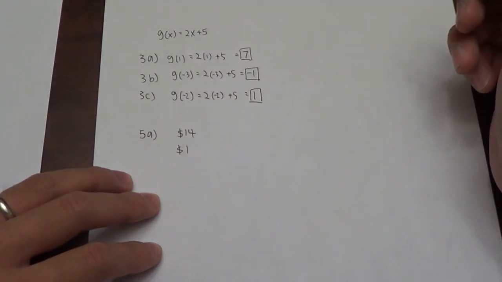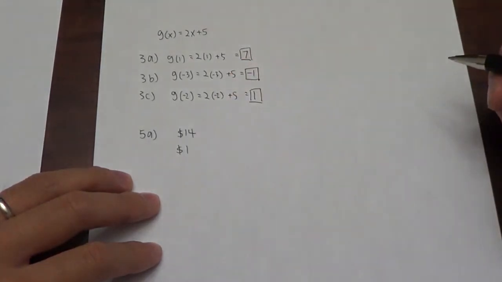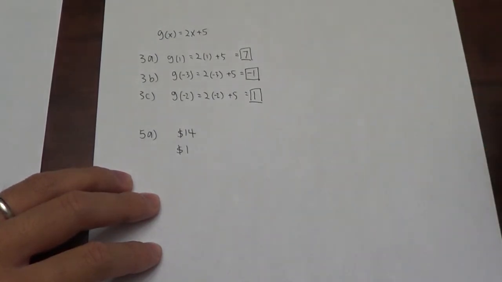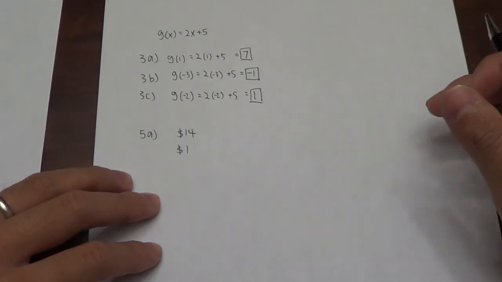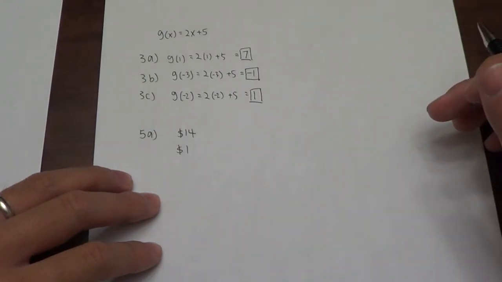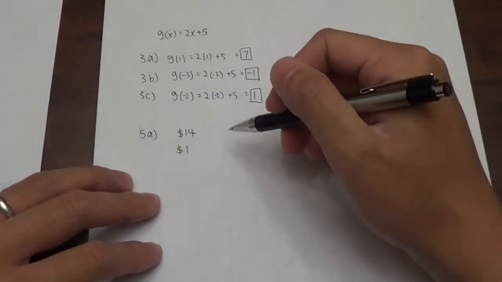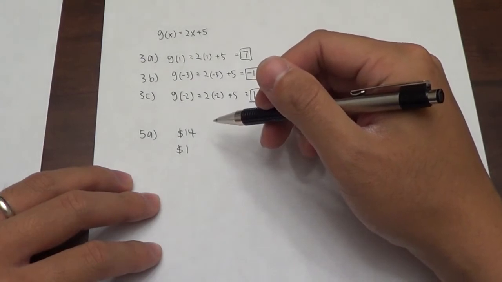One, you can come up with the equation from the word problem, or you can make a table, and from the table you can figure out the pattern, and then from the pattern you can come up with the equation. That's basically the same thing as what we did earlier for number 2, except if you're going to make a table, that's going to take some time. So I would try to come up with the equation from the word problem first.